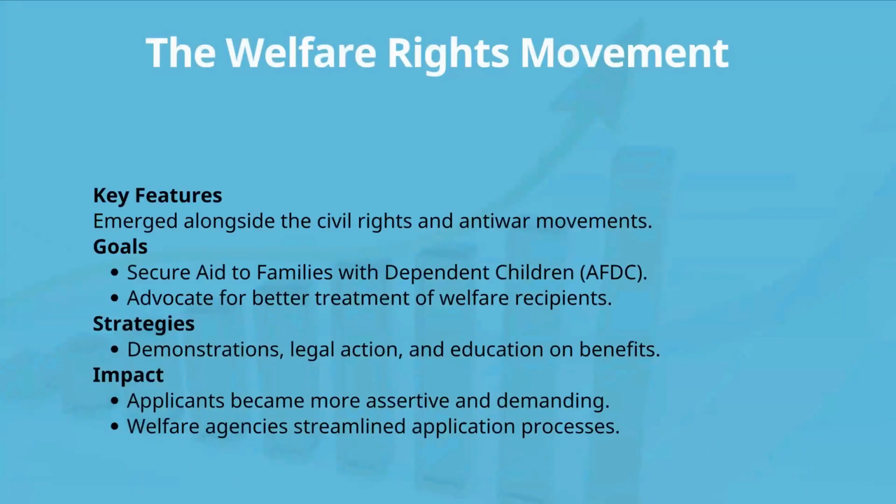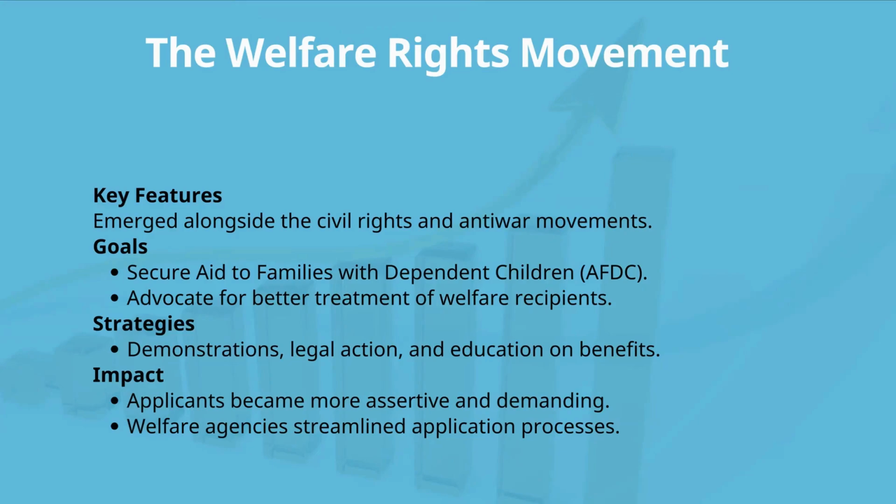Let's look now at the welfare rights movement. Some key features I wanted to bring to your attention: it came alongside the civil rights and anti-war movements. Its goals were to secure aid to families with dependents and to advocate for better treatment of welfare recipients, because not everyone was treated fairly once others found out they were receiving assistance.